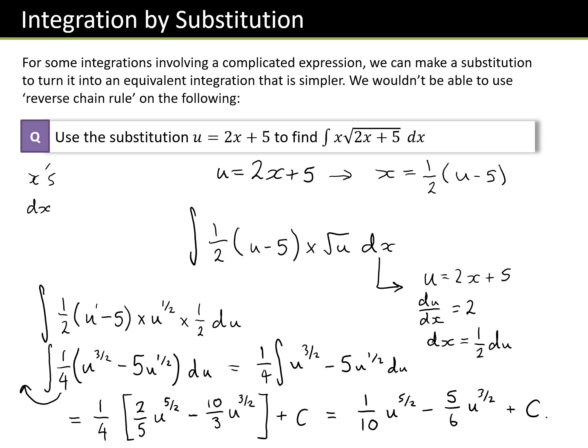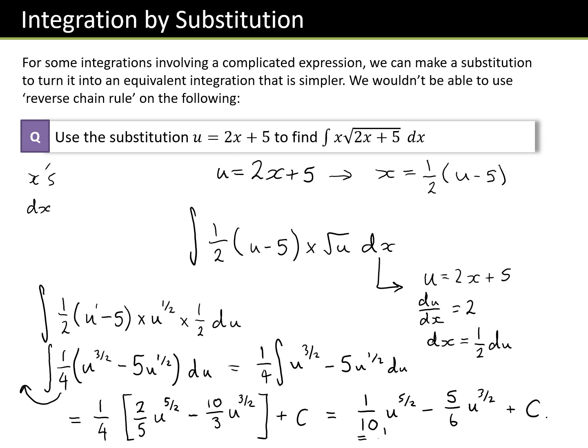Are we finished? No. In the question it says use the substitution to find the answer to this integral. In the integral you've got x's. In our answer we've got u's. So do not forget, well, this is your first example, but you can't forget that you need to actually substitute back in x for u.